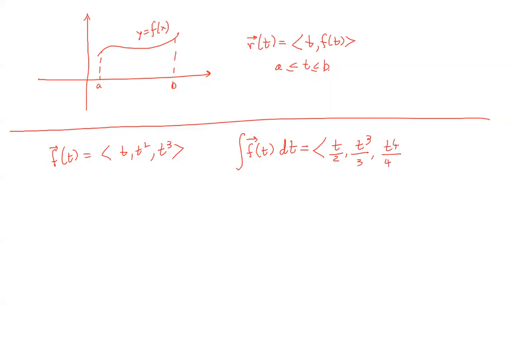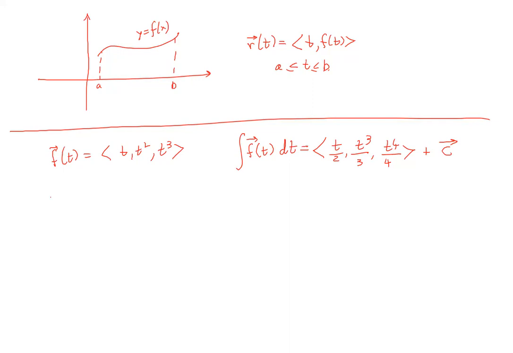And here, you might argue, well, where's the c? Usually when we find indefinite integrals, we put a c. Here, you would normally have to put c1, c2, c3, because the constant on one coordinate should not have to be related to a constant on the other coordinate, but you can pack all the constants in one vector and just call it c.